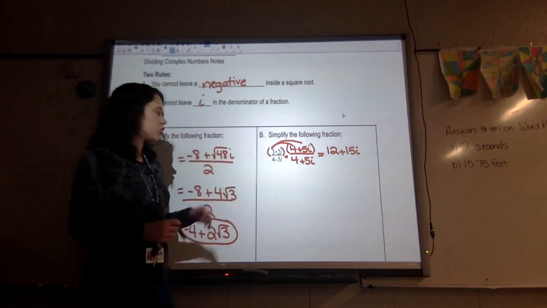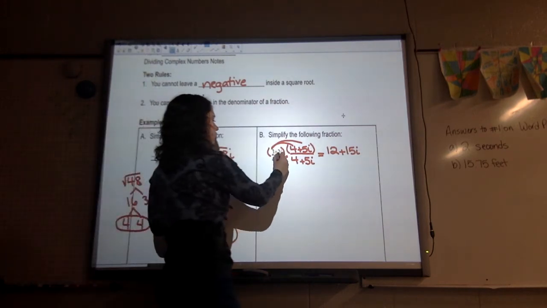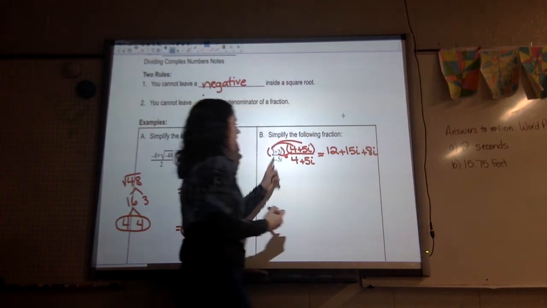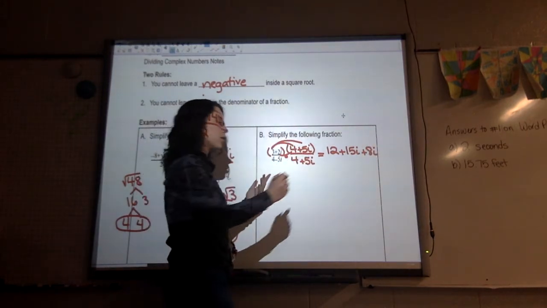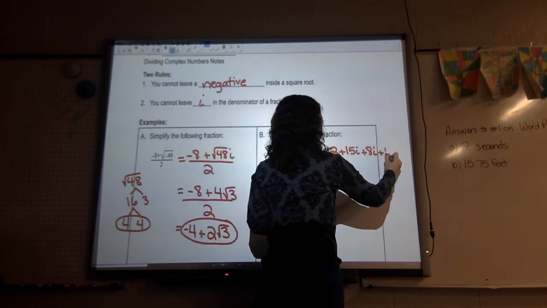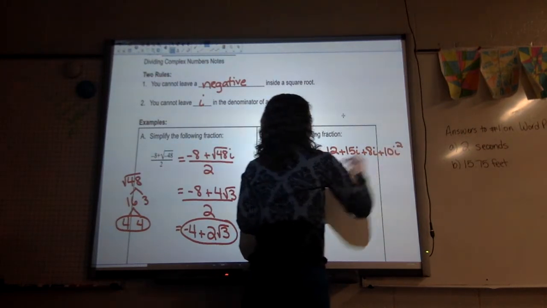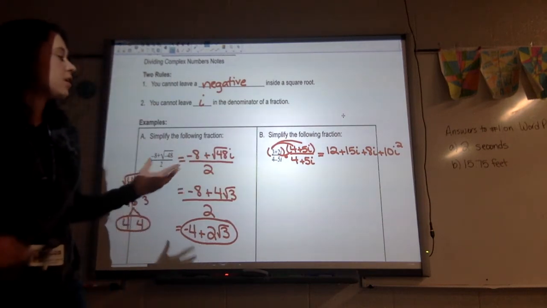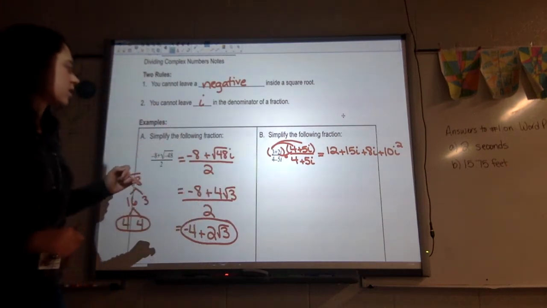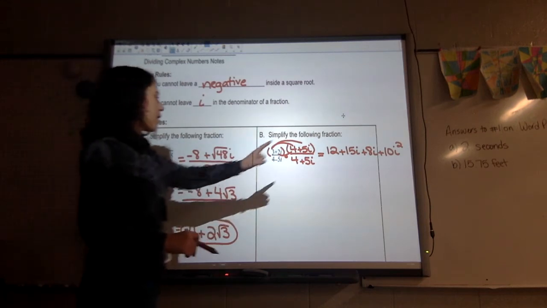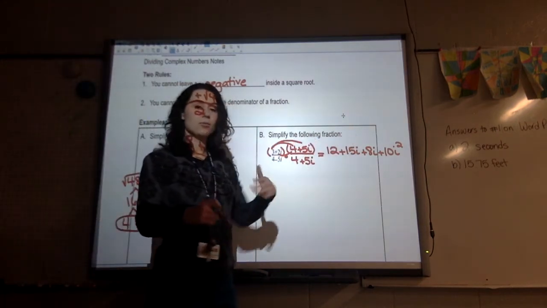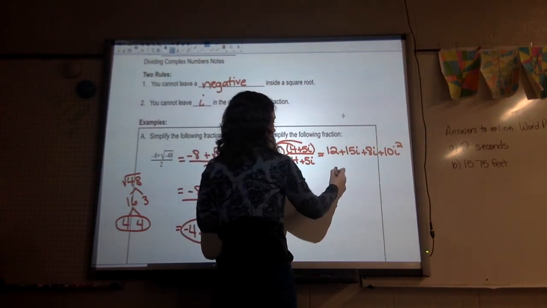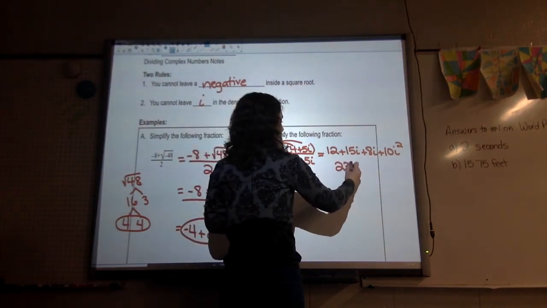Now I go back and I distribute the 2i. So 2i times 4 gives me 8i, and 2i times 5i gives me 10i squared. This should look very familiar to what you did yesterday. At this point, I have some like terms that I can put together. I have 15i and 8i. Well, if I put those together, those become 23i.